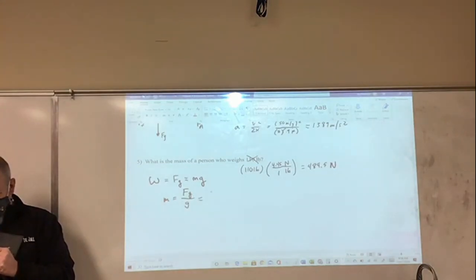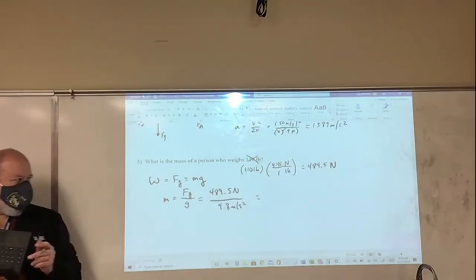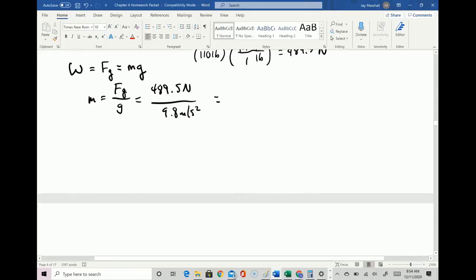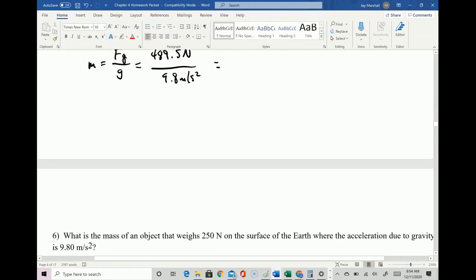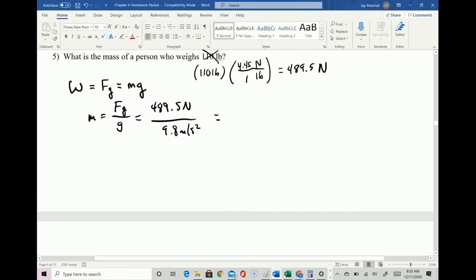And we figured out that this was 489.5 newtons divided by 9.8 meters per second squared. So all we have to do for this one is divide 489 by 9.8. And somebody's going to tell me that that is what?